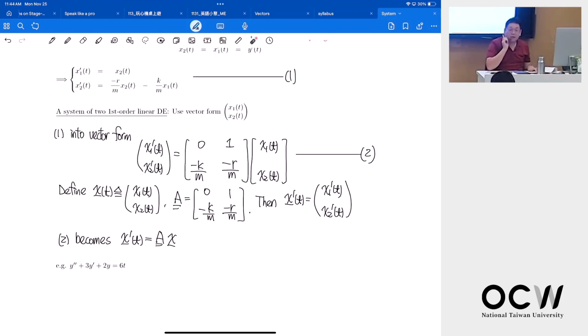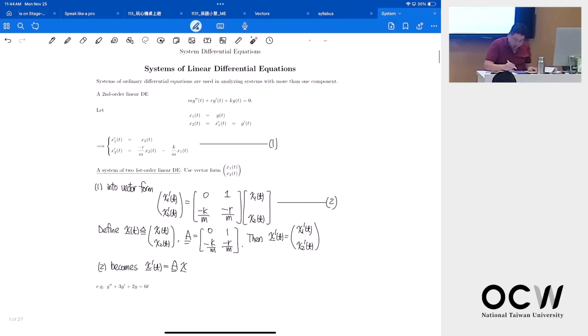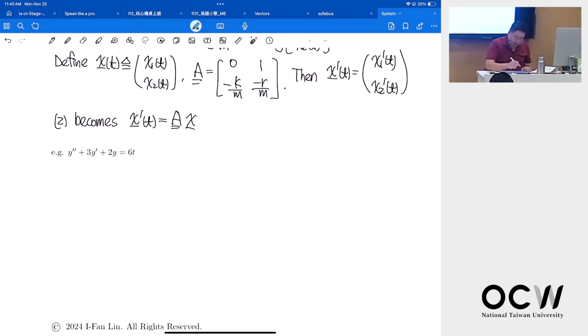All right. So according to this trick, we turn the second-order linear differential equation into two first-order linear differential equations, and I can also write it down in the vector form x prime equals Ax. According to this differential equation, please also write down x prime equals Ax.